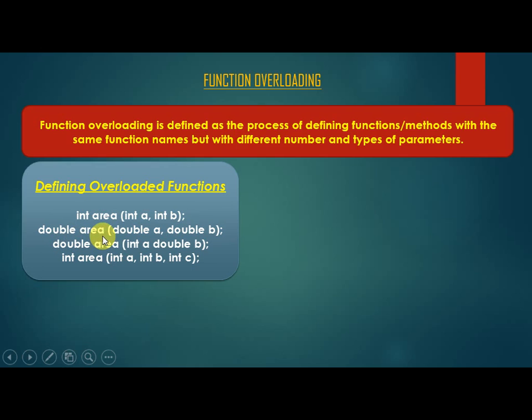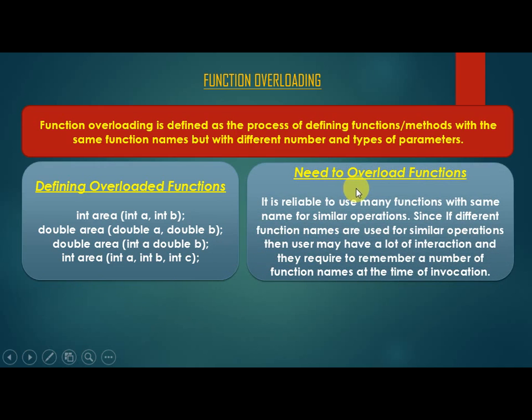Next we have double area, where double a and double b are the parameters. Again we have double area, in which we have int a and double b. Then int area, where we have int a, int b and int c. In these we have different parameters. So this is an example of function overloading.